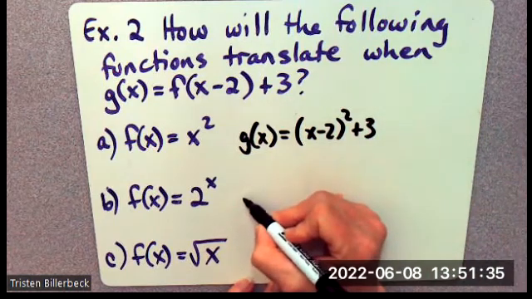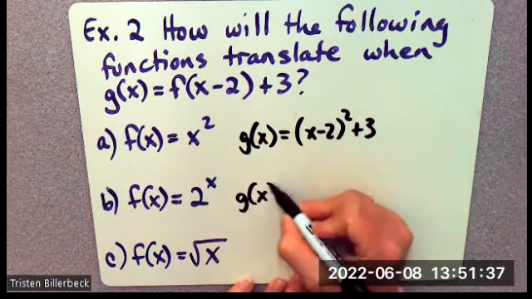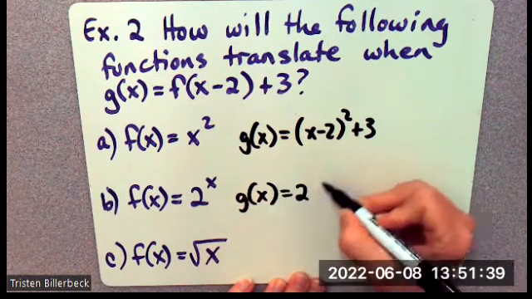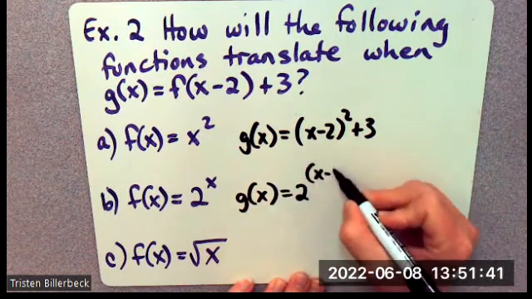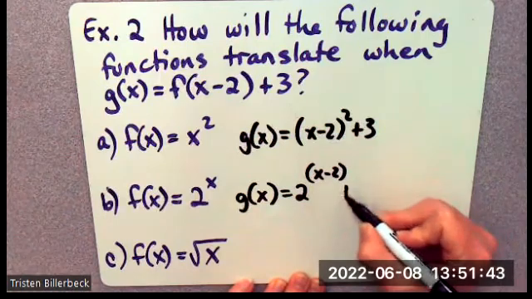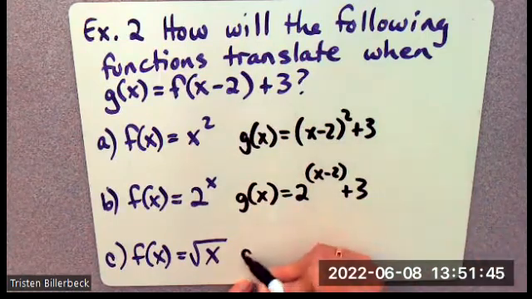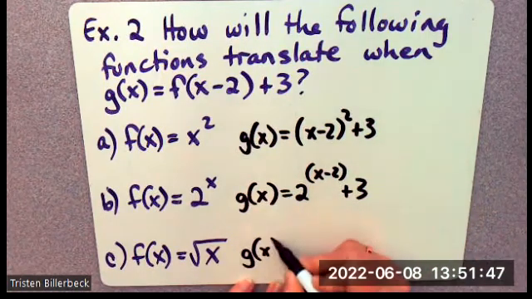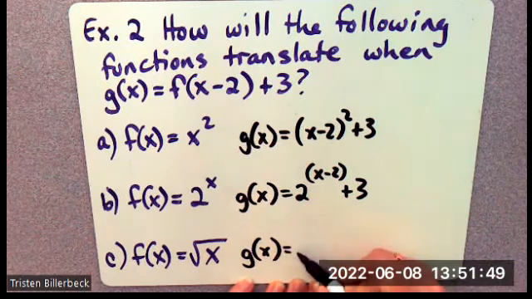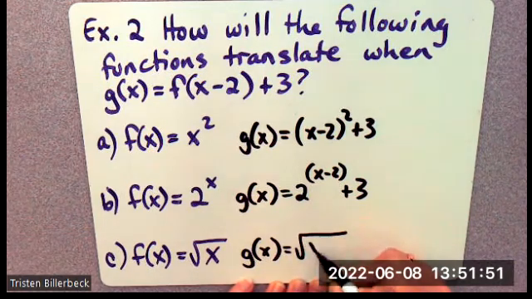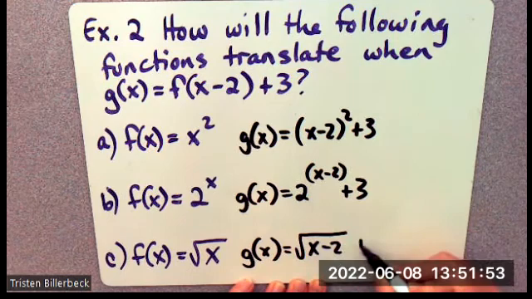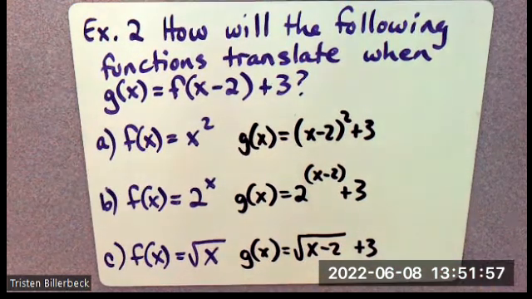This one would have been g of x equals 2 to the x minus 2 plus 3. And this one becomes g of x equals the square root of x minus 2 plus 3. Well, that's easy.